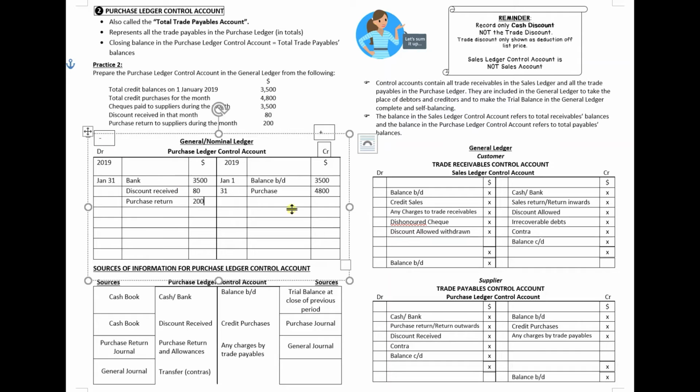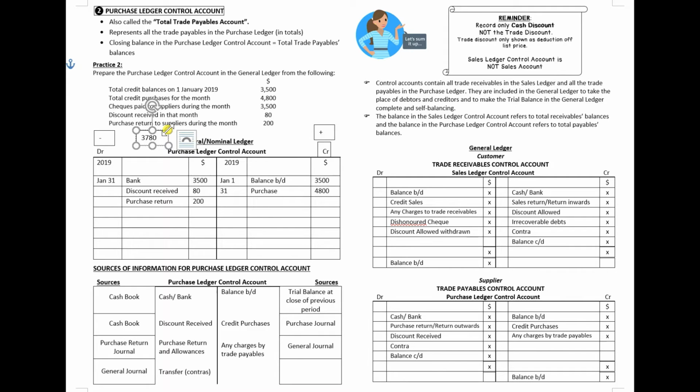Now next step, you are going to close the control account. So what are the steps to do it? Number one, you have to compare both the debit and the credit side. So use the calculator, add up all this amount on the debit side. How much is it? It's 3,780.